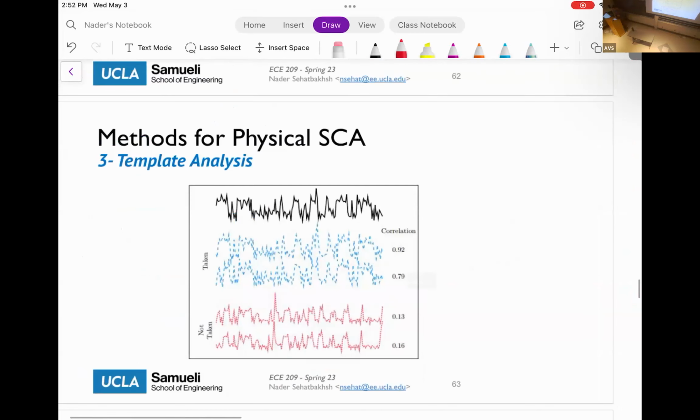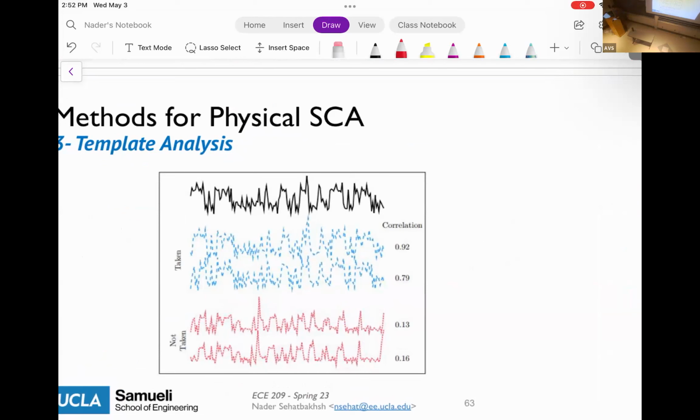Let me give you an example of just intuitively how this works. Let's say we have a list of signals that I'm showing here for a branch. We have an if-then-else statement, some instruction here, some instruction there, and this is based on the key.